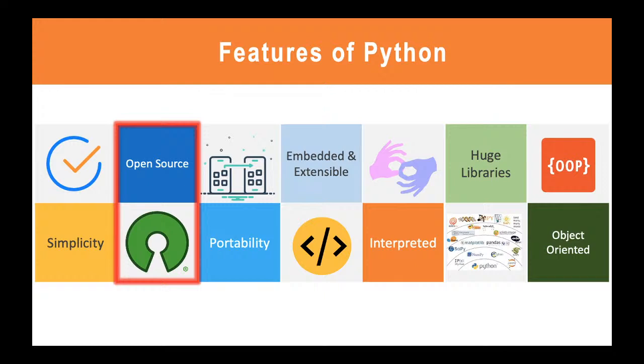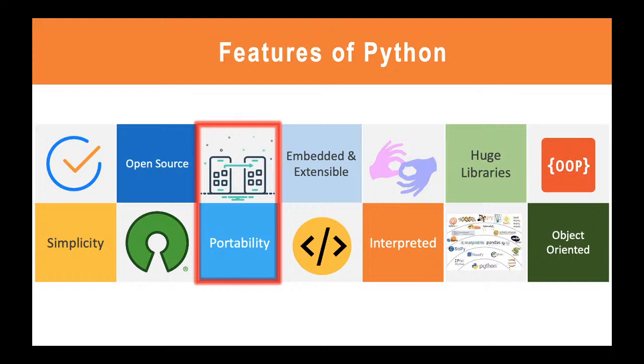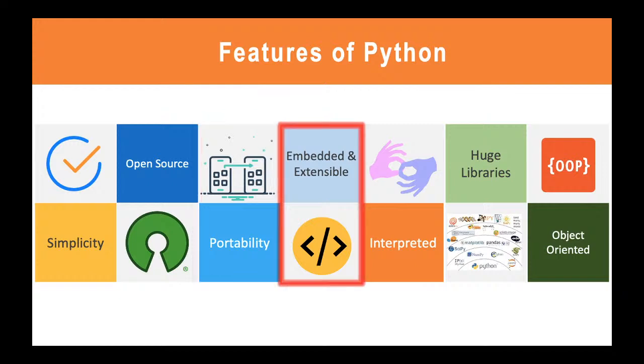Next we come to portability. Python code can be shared in any type of format, like if you want to convert your file to JSON, HTML, CSV, or Excel format, any format. So that is very portable. Next we come to embedded and extensible: Python can have snippets of other languages inside it to perform certain functions.